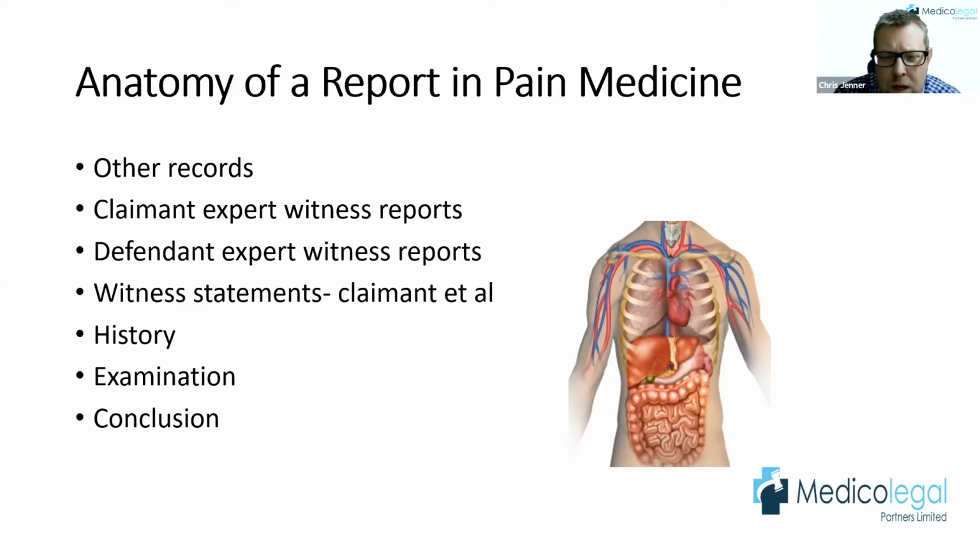So all the sort of description of their pain as they find it. We'll ask them about their function in terms of employment, what they can and can't do, their care requirements, interactions with family, relationships, etc. So we try and get as comprehensive a view of their pain as we can.